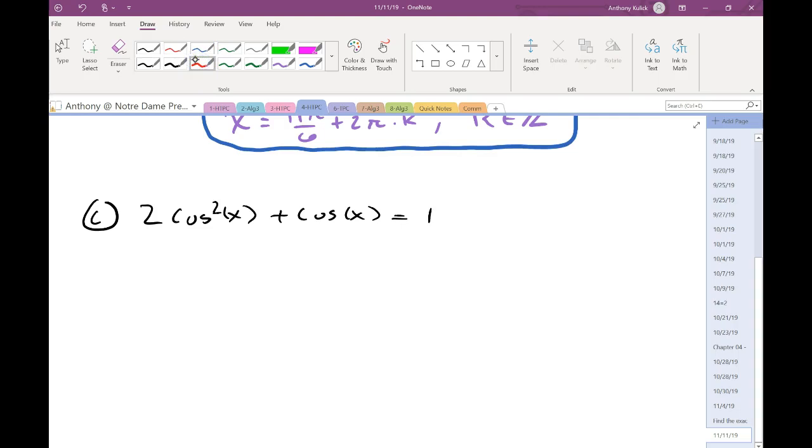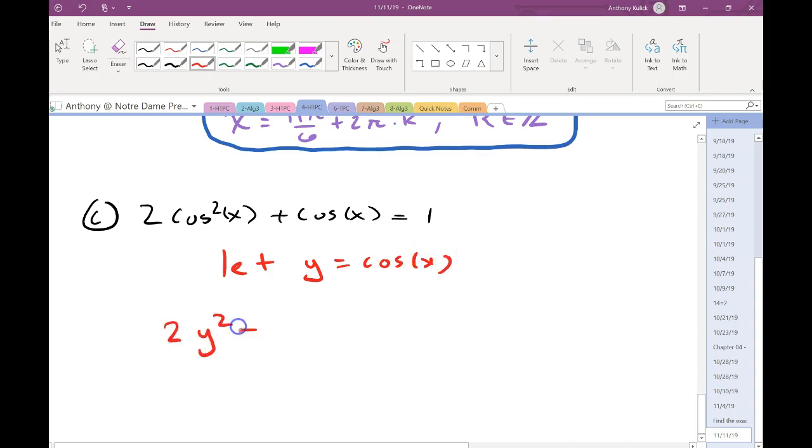Let's look at it this way then. If I take the cosines out of there and just replace them with a generic variable, how would I solve this equation? No, let's not.